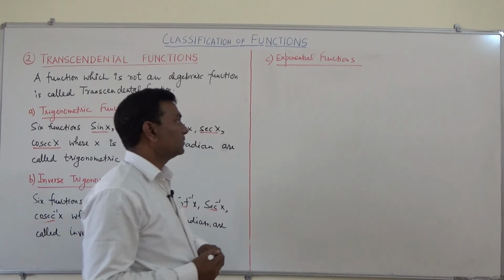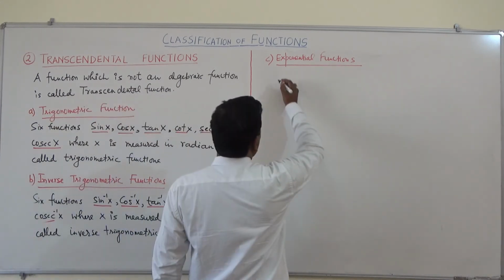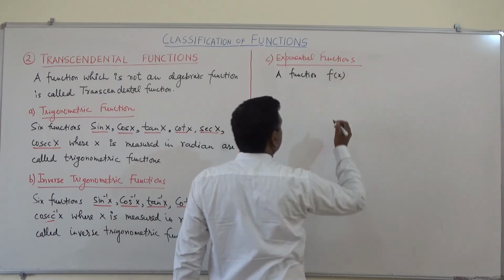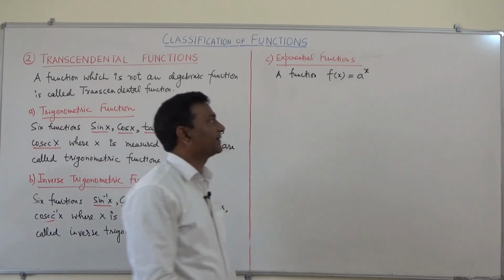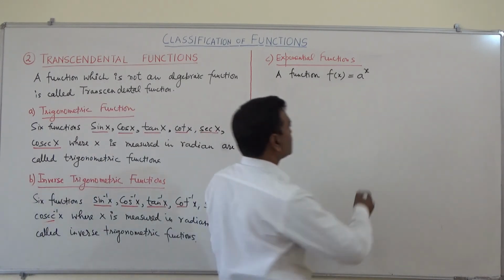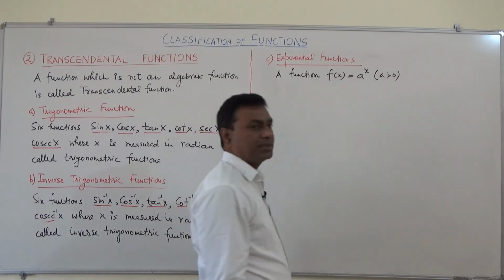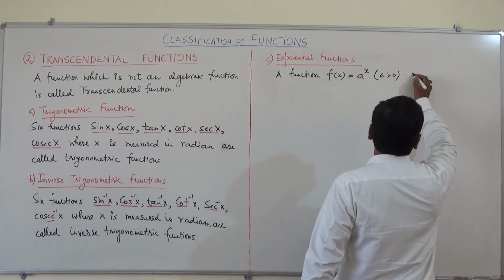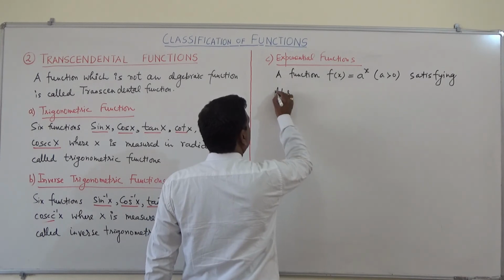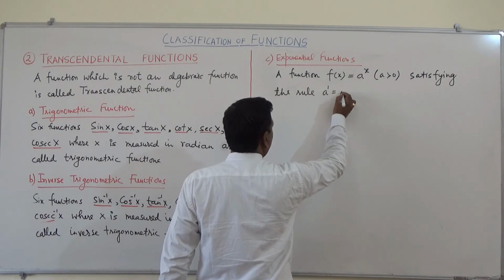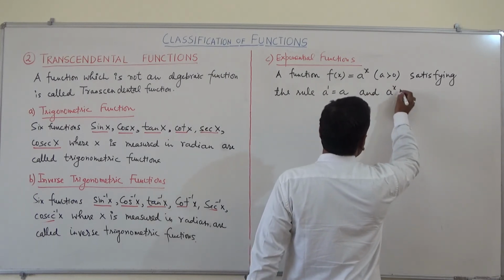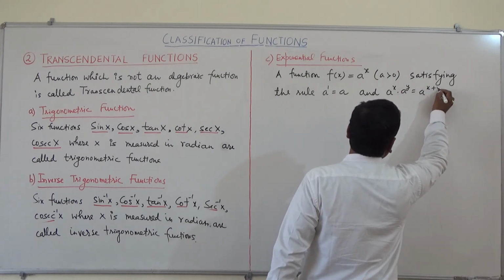So we can say a function fx equals to a to the power x, where a is greater than 0 and satisfying the rule a to the power 1 equals to a, and a to the power x into a to the power y equals to a to the power x plus y.